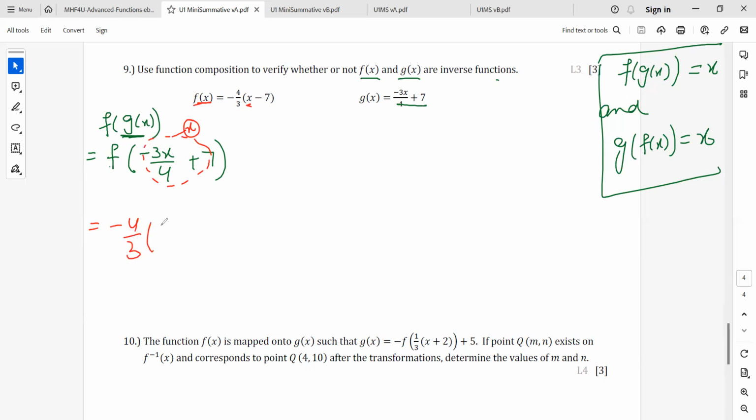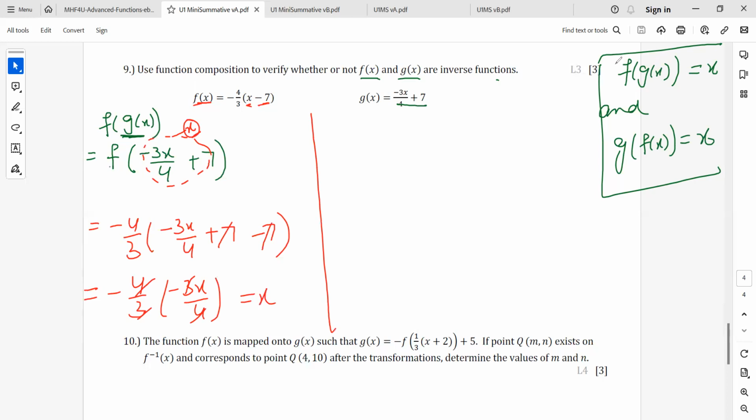And what is x over here? X is minus 3x by 4 plus 7, so this whole thing will be considered as x. Minus 4 by 3, minus 7 cancels, minus 3x by 4 cancels, and we will get x. So the first condition is satisfied.